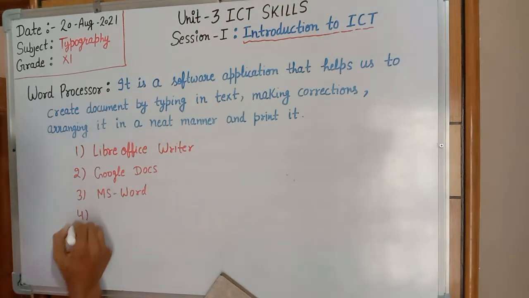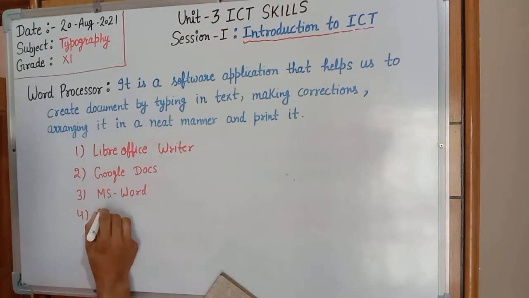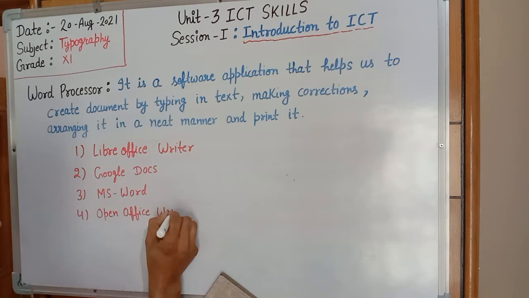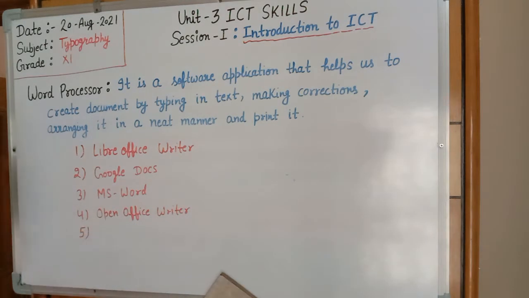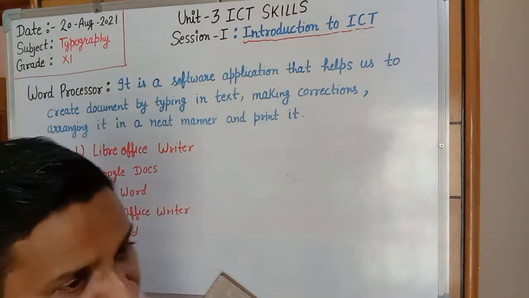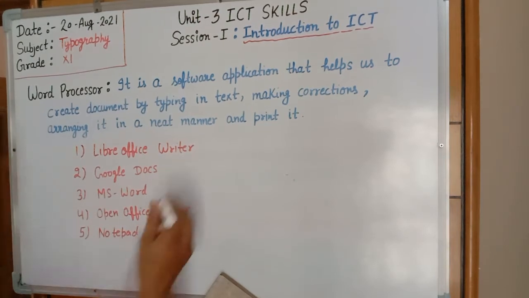Fourth type is OpenOffice Writer. And fifth one is Notepad. So these are different types of software that are used for editing a Word document.